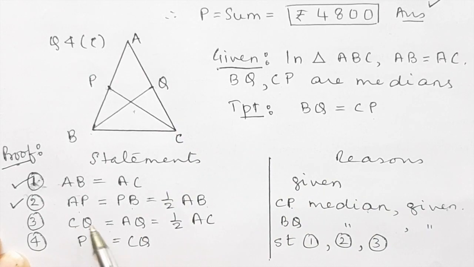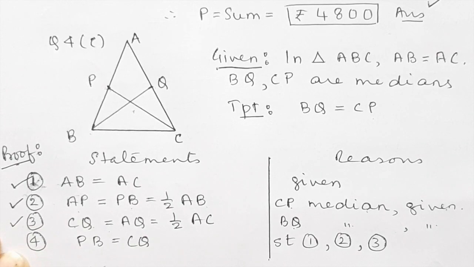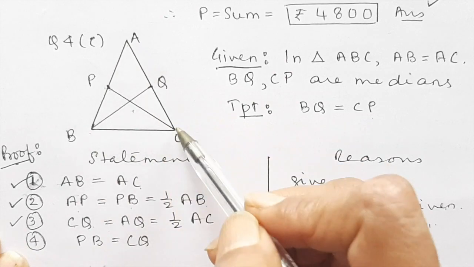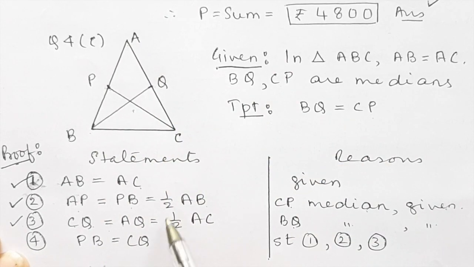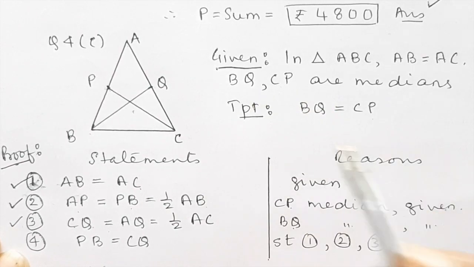See there? CQ and AQ, they will be equal to half of this whole thing. Why? Because BQ is the median given. Alright? Now tell me, if AB is equal to AC, then half of AB and half of AC will be also equal. And so, because we have to prove that BQ is equal to CP.